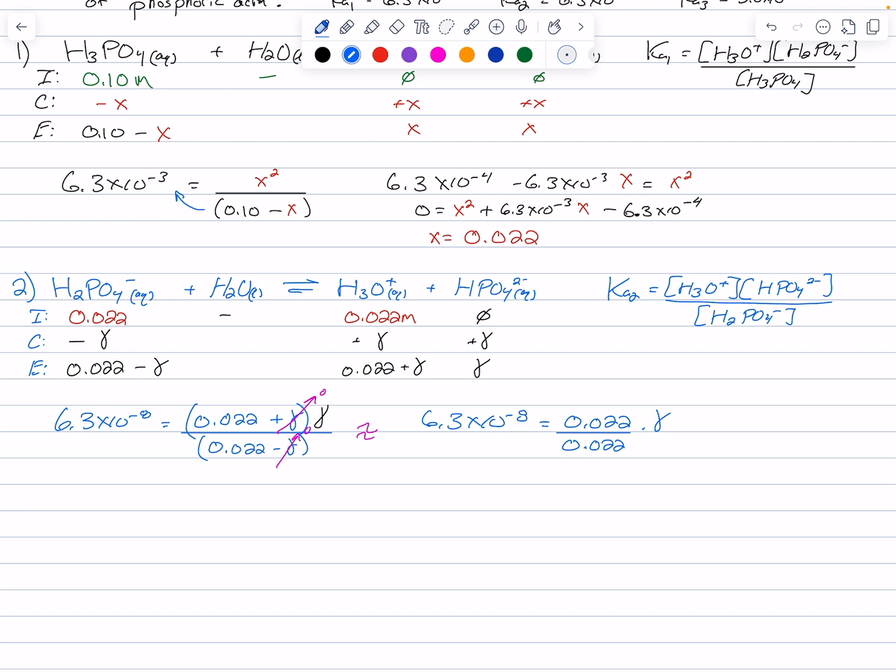So that means what? That means 6.3 times 10 to the minus 8 equals gamma. All right. But that's just 2.